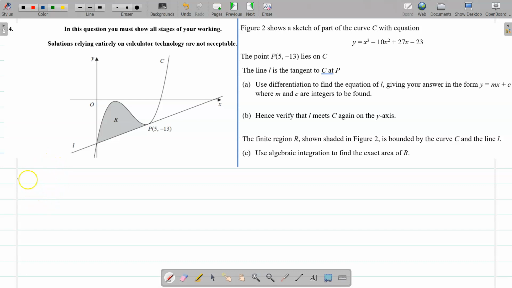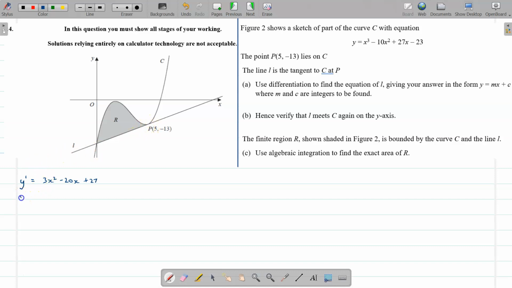So basically I can say that the derivative, y dash, is equal to 3x squared minus 20x plus 27. Okay, and then I've got to find the gradient at this point 5, negative 13.